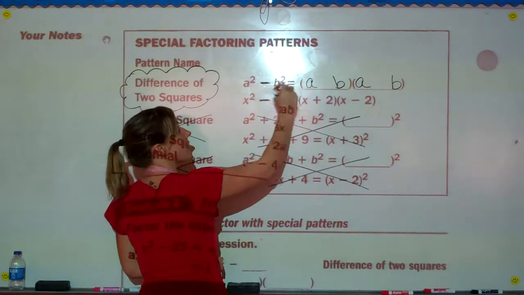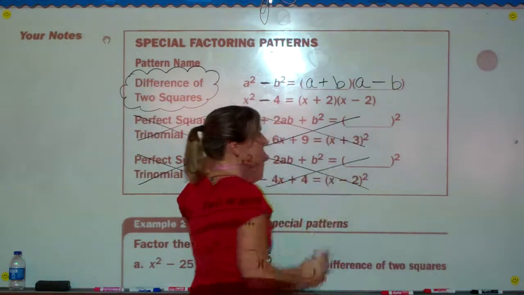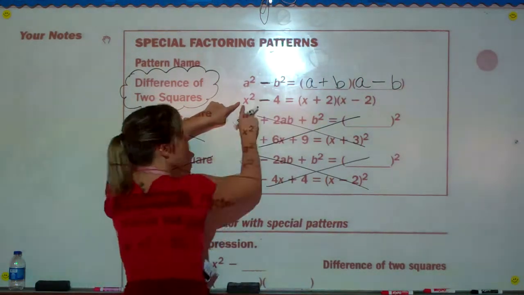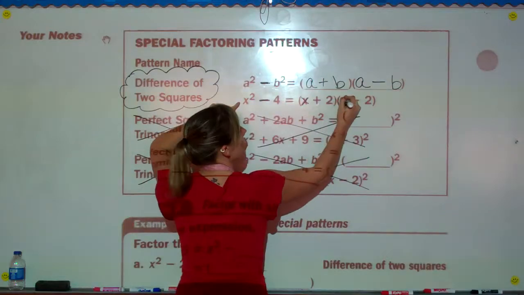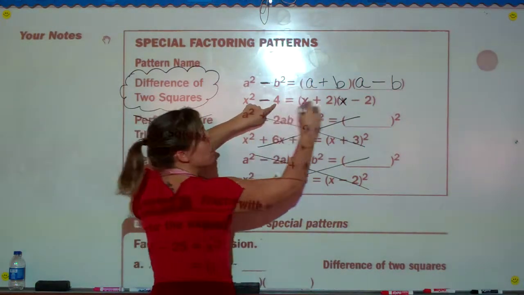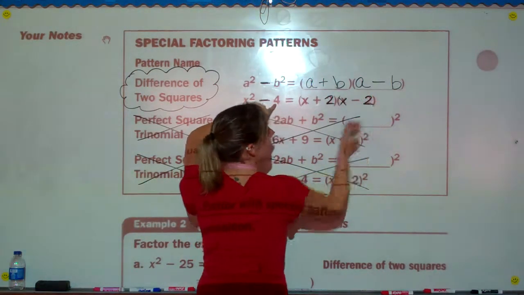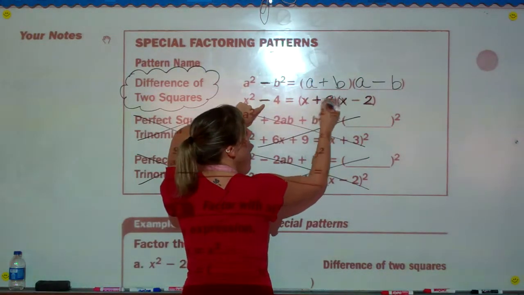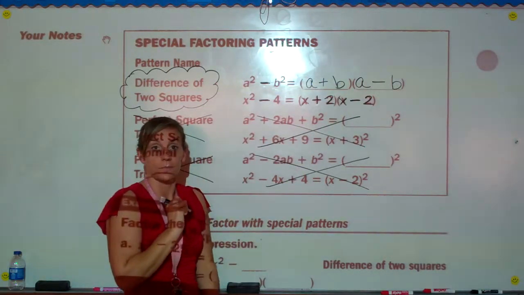And then to get a negative b squared, one's positive, one's negative. Okay? So this is the example of it. X squared is just x times x. 4 is just 2 times 2. That's a perfect square. And then to get a negative 4, it's a positive 2 and a negative 2.